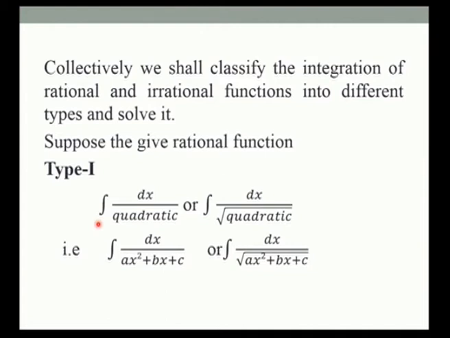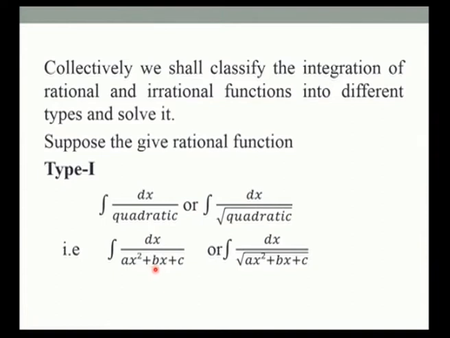Type 1. Suppose the given rational function is in the form of dx by quadratic, or the rational function is dx by square root of quadratic. You know, the general form of quadratic equation is ax square plus bx plus c.